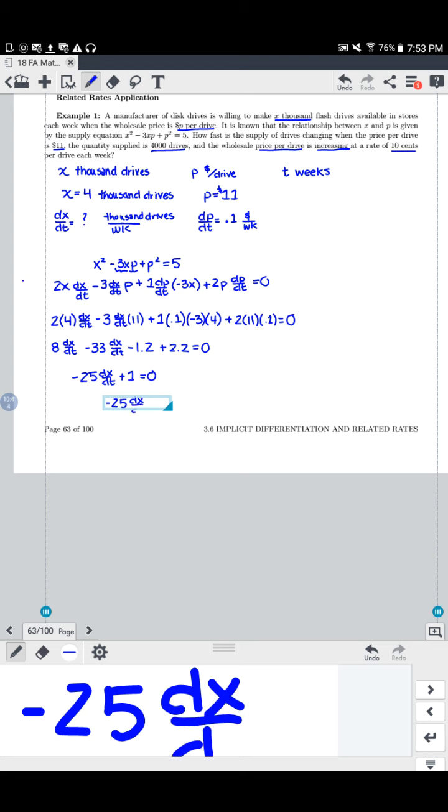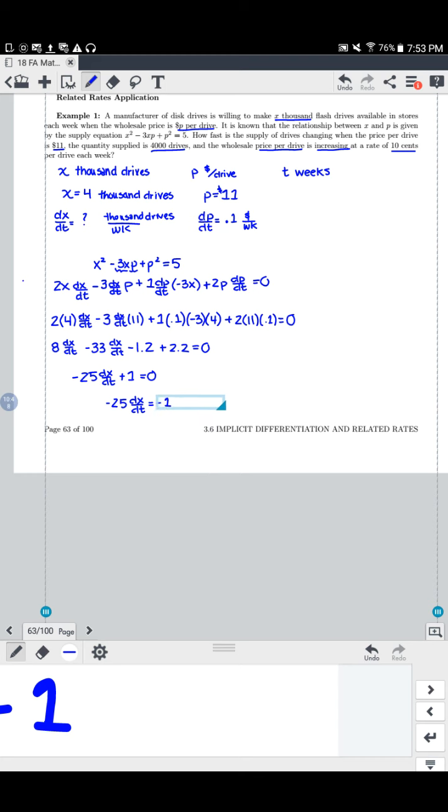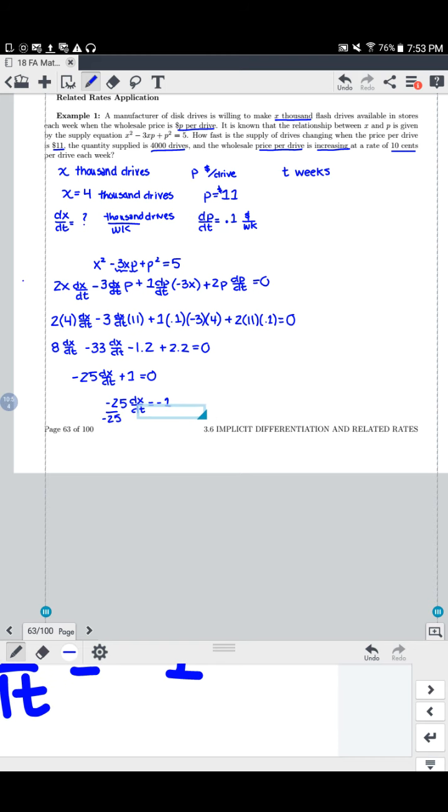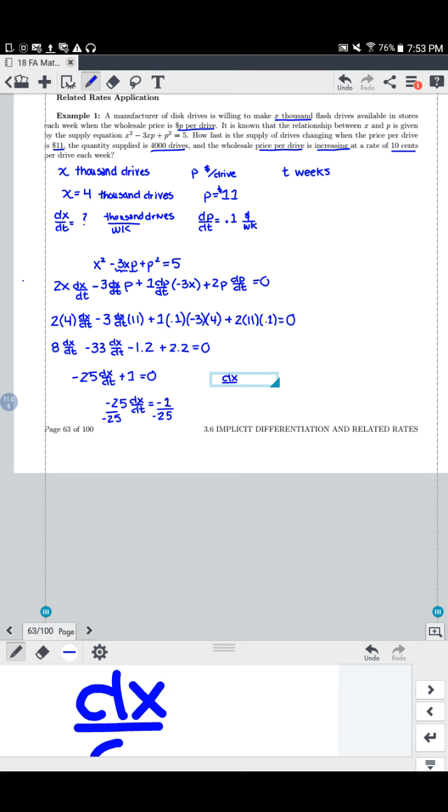Negative 25 dx/dt equals negative 1. And then lastly, I'm going to divide both sides by negative 25. That way I get dx/dt by itself. So, if I plug it in my calculator, dx/dt is going to be negative 1 over negative 25, which ends up being a positive 0.04.